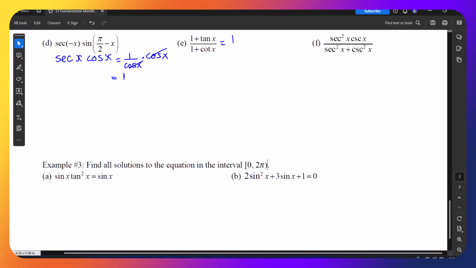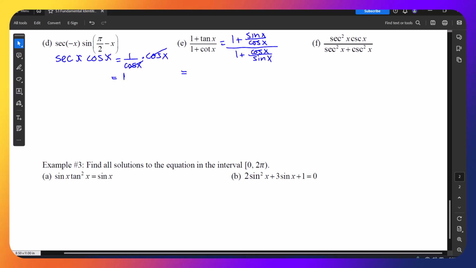So I'm going to go ahead and write this as 1 plus sine x over cosine x divided by 1 plus cosine x over sine of x. And please do attempt different methods if you're inclined to do so, because you might actually end up with something simpler and more direct and to the point.